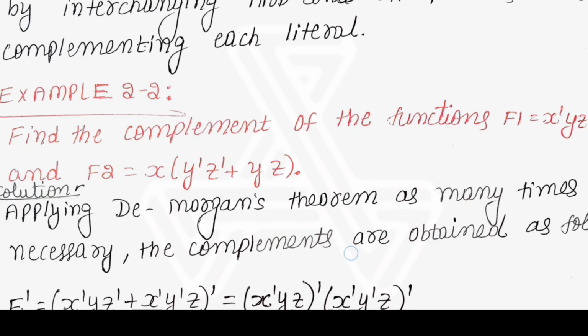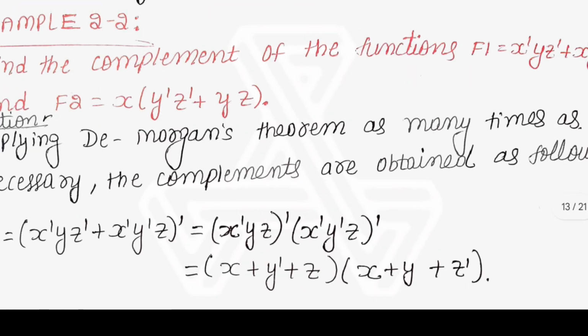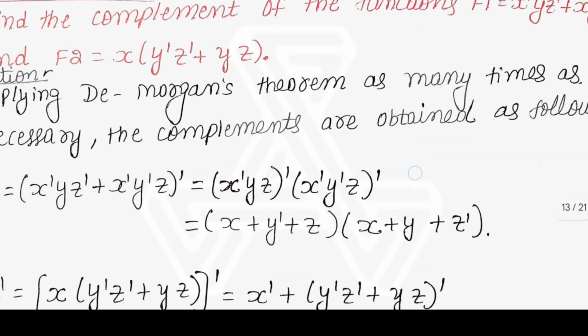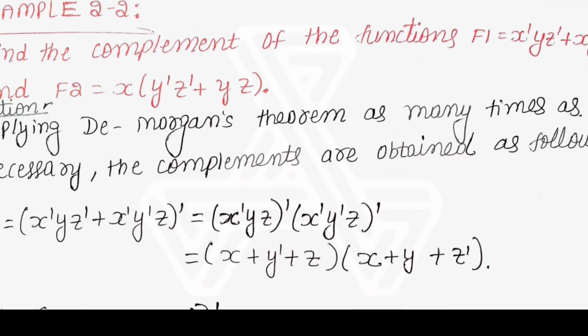Find the complement of the function x plus x complement yz dash plus x dash z y dash z. First we'll consider the f1 complement. First we take this as only the plus symbol. A plus b whole complement is a complement b complement.